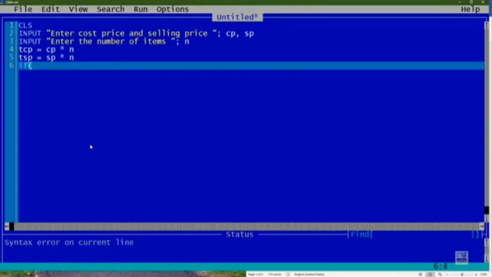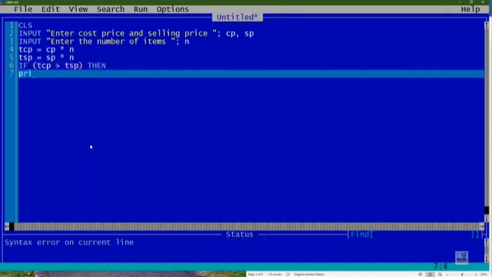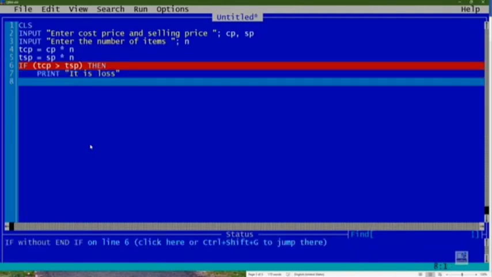Then you need to place condition. If total cost price is greater than total selling price, then what it will be? Tell me. It will be profit or loss? It will be loss when the cost price is more than selling price. So if the total cost price is greater than total selling price, then print it is loss. You need to calculate the loss.